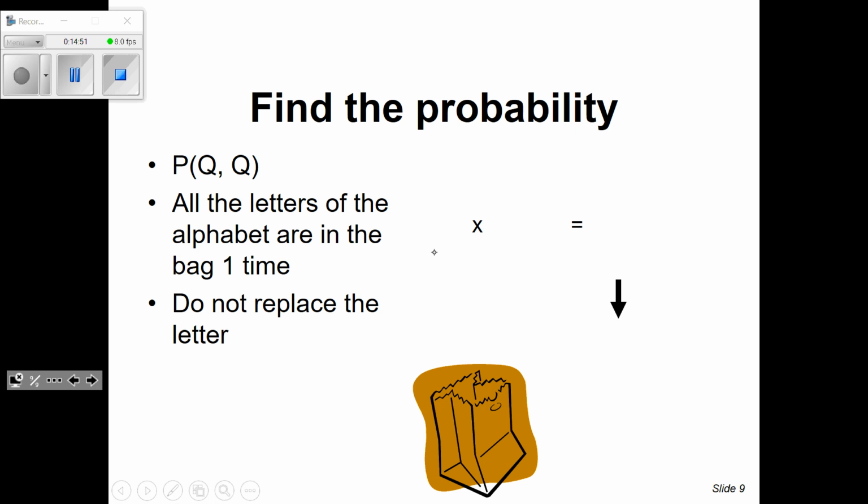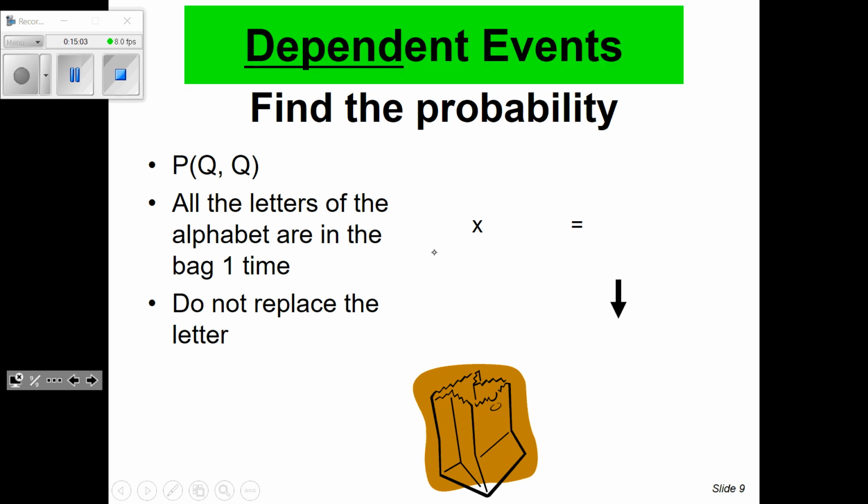All right, so if we're talking about all the letters in the alphabet, how many are there? 26. How many of those letters are a Q? 1. So the probability of drawing a Q the first time is 1 out of 26. Okay? And it says we're not going to replace it. So if I don't put that Q back in, how many letters are there in the bag? 25.